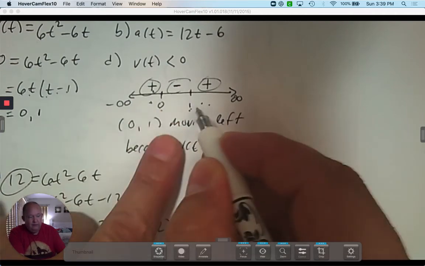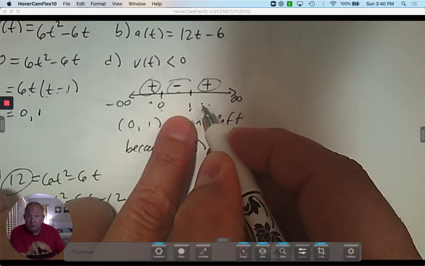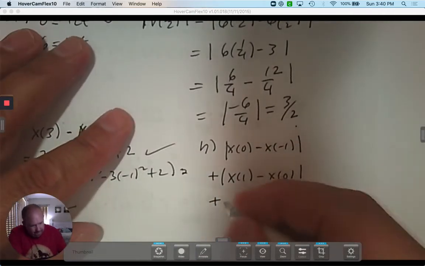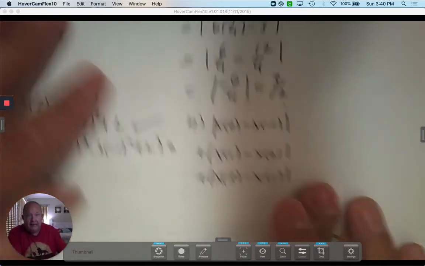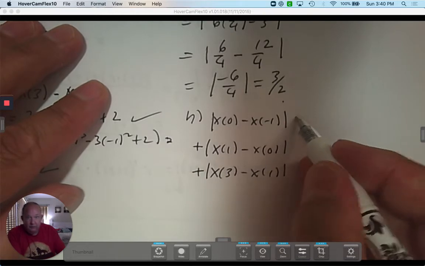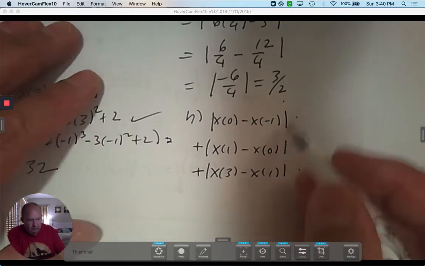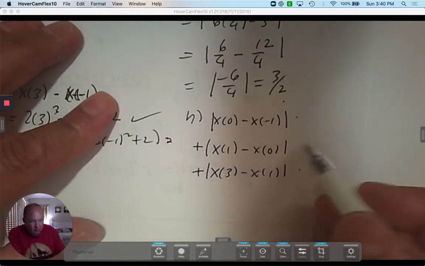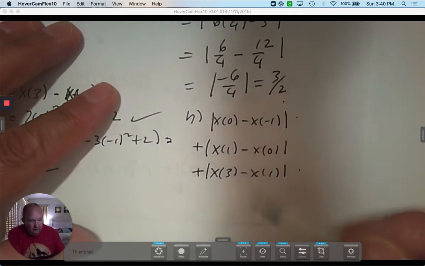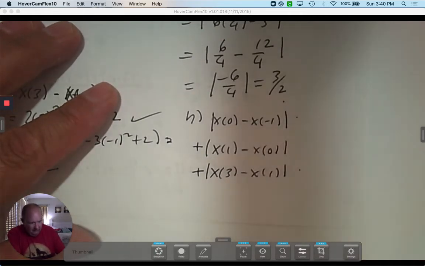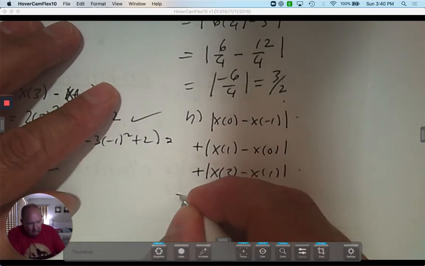So the next interval chunked is 1, 2, 3. And there's your setup. Now this last one, because we did the math, I know this one and this one will be positives, so the bars don't do anything, but that middle one would have a negative answer, and those bars are essential. So you would plug those numbers into the position.